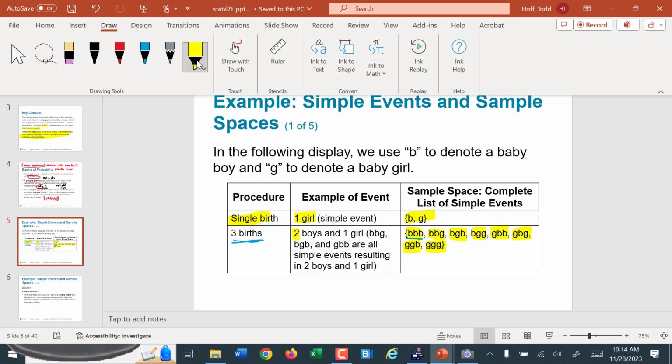So an event like saying 2 boys and 1 girl out of the 3 births, that is not a simple event because it can be broken down further. Because the girl could be the third one born, the second one born, or the first one born. So there's 3 simple events that it can be broken down into.